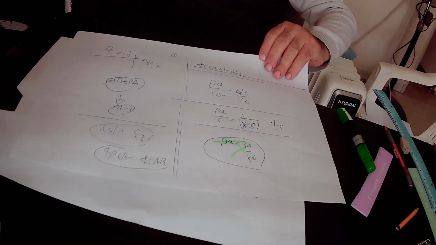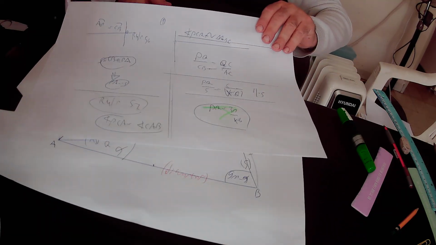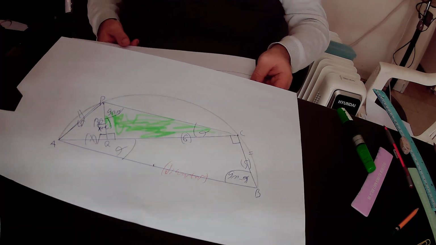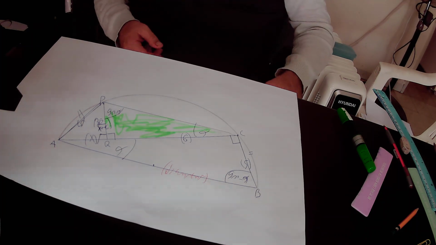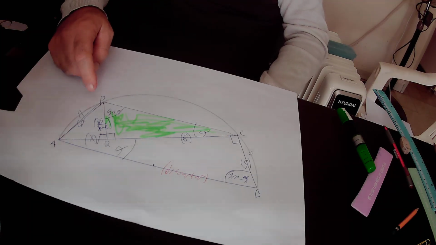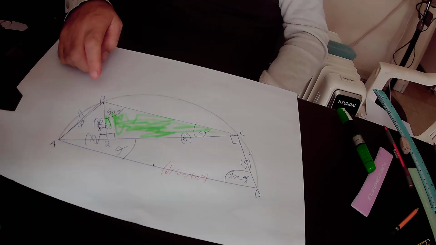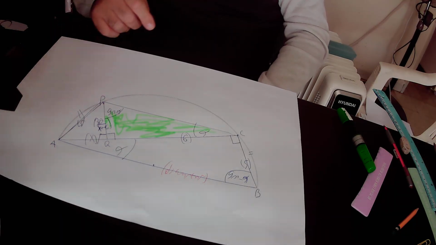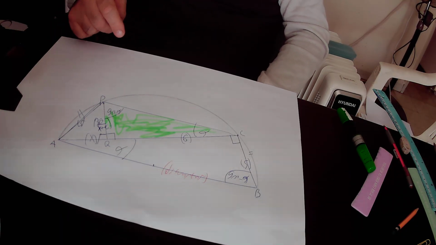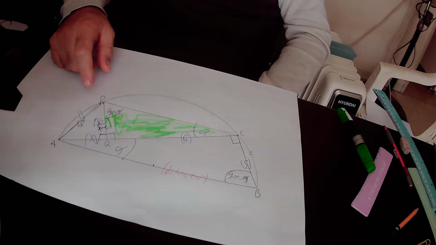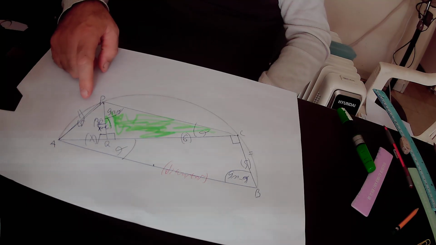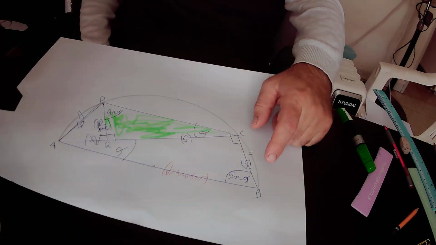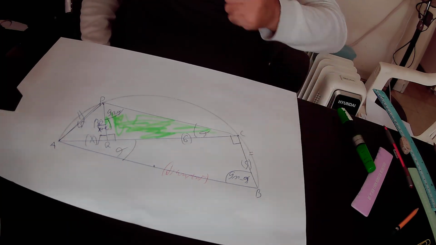So here we implemented rule 56 in our drawing. First of all, we join points P and A together by a side. In this way, we created chord PA. The corresponding chord of this arc PA is chord PA, and the corresponding chord of this arc CB is chord CB.